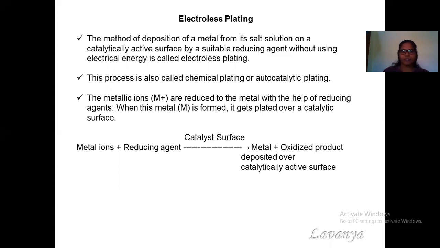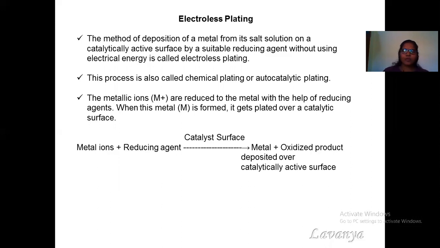It means we are not using electricity here, instead we are using a catalyst. In the presence of the catalyst, the reducing agent makes the metal ions undergo reduction, and the metal is deposited on the surface of the object, whatever it is. The process is called chemical plating or autocatalytic plating.